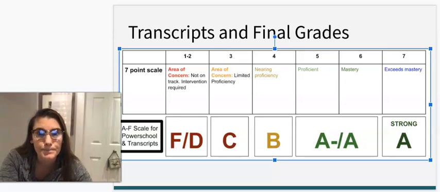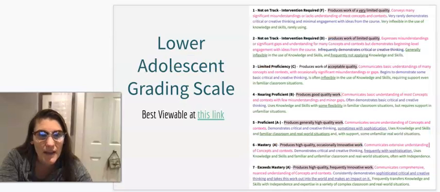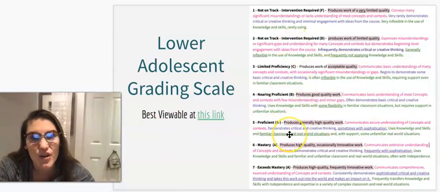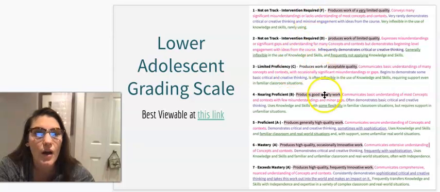So when we think about our grading scale, this chart is viewable at this link. This chart is viewable at this link. So you can really see, I've color-coded them corresponding to each one, broadly what we're looking for.